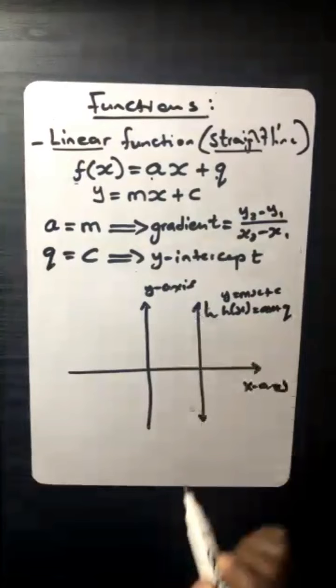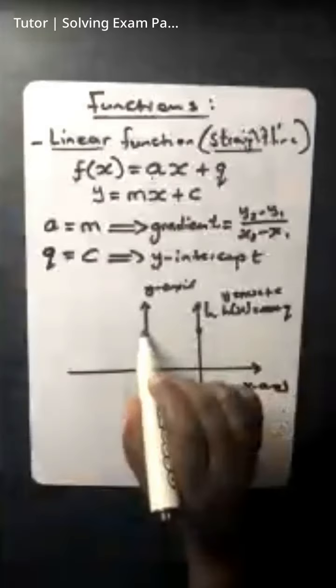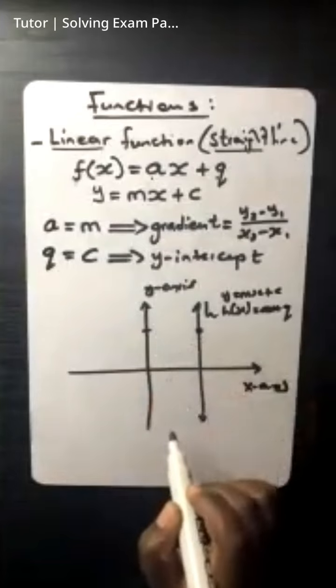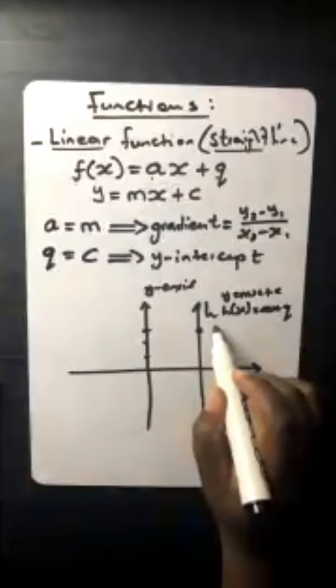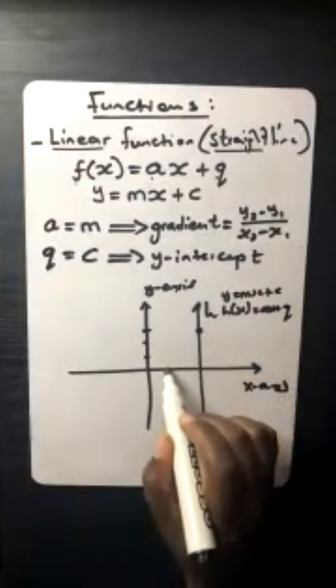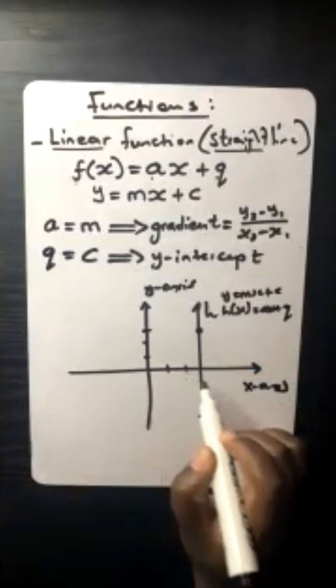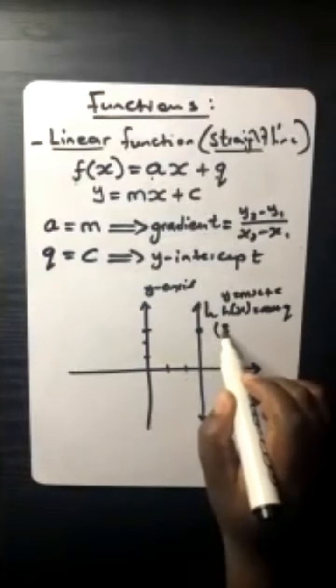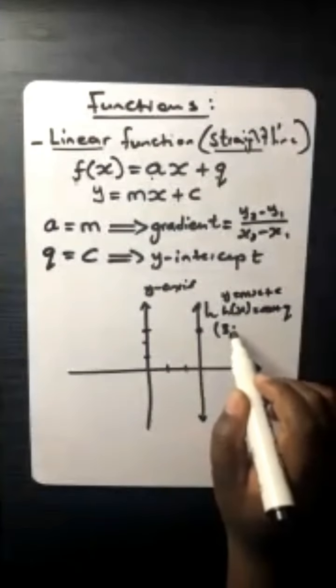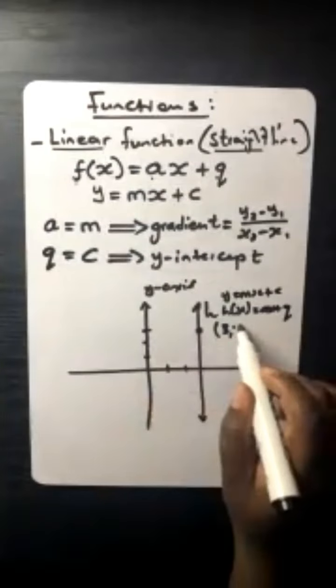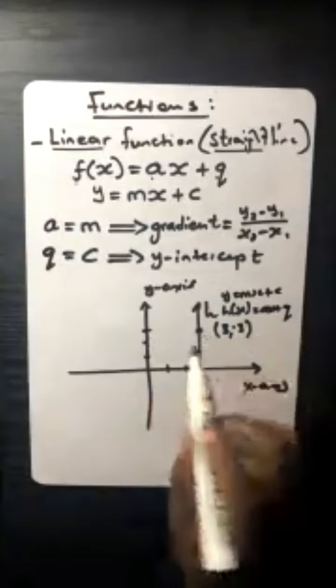Let's say, for example, that point over there, x was 3 there, and again the y value was 3 at that point.